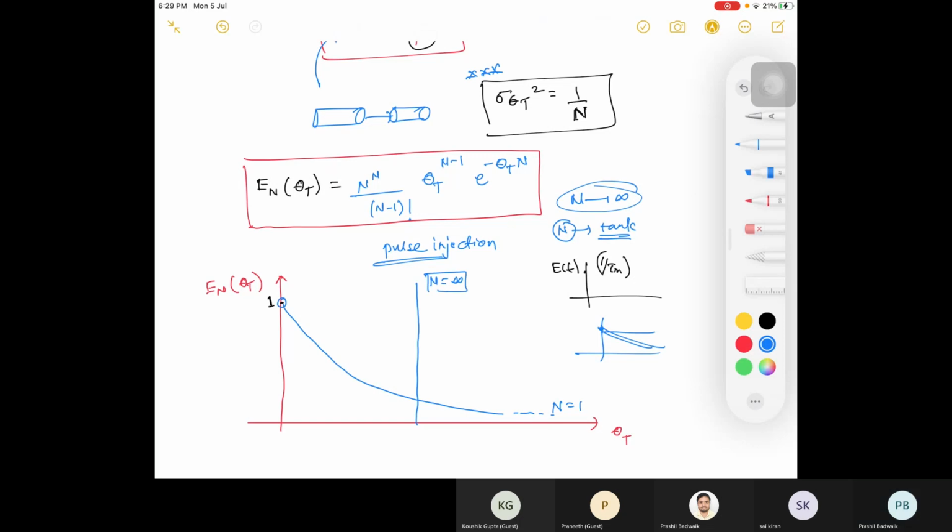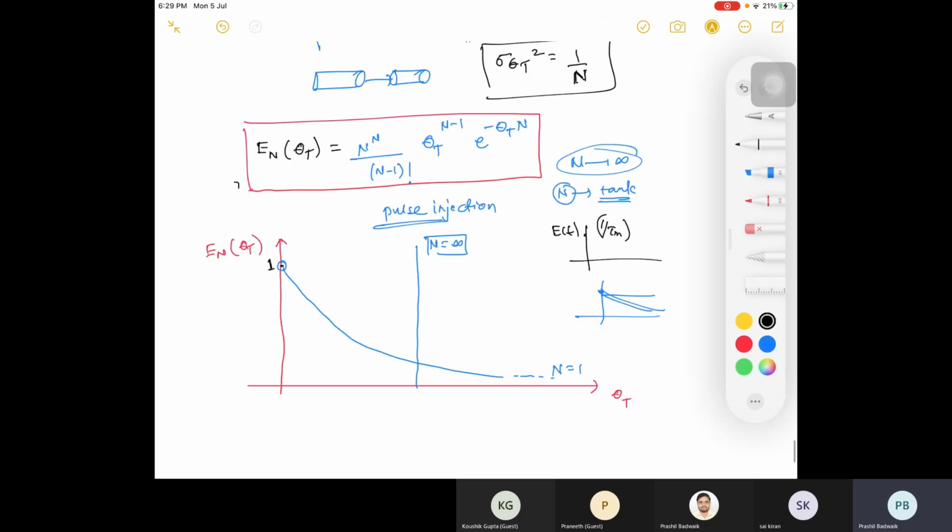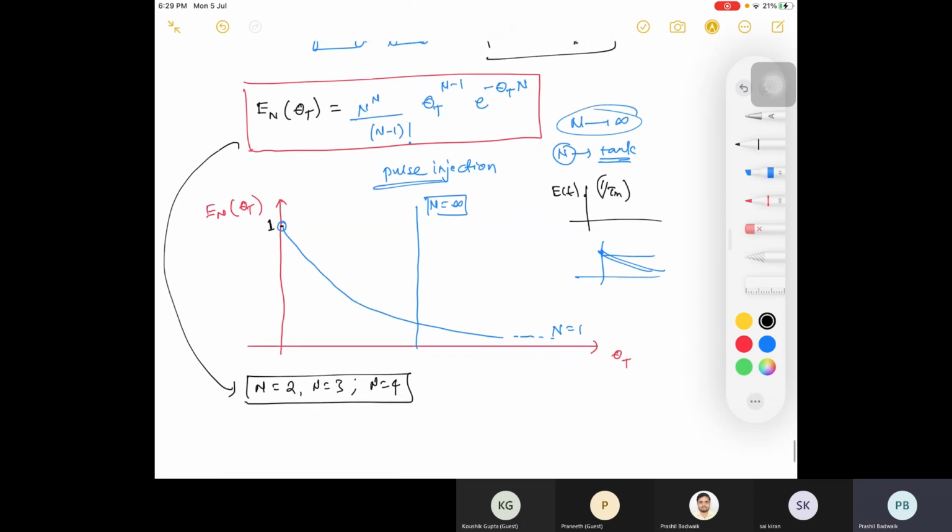Now guys, in Excel, suppose you put n equal to 2, n equal to 3, n equal to 4. This is your homework. If you want to really understand what this equation is telling you, please do one activity. You substitute the value of n, so you will get E n as a function of theta t. Writing En, n may be 1, 2, 3, 4, any value.